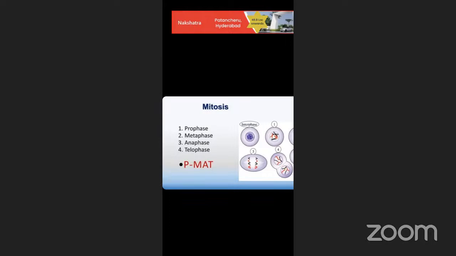Active mitotic division is observed in meristematic tissue, apical and lateral. Mitosis was first observed by Strasburger in plants. Fleming was the first to introduce the word mitosis.